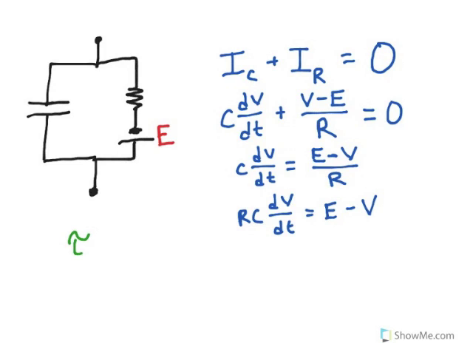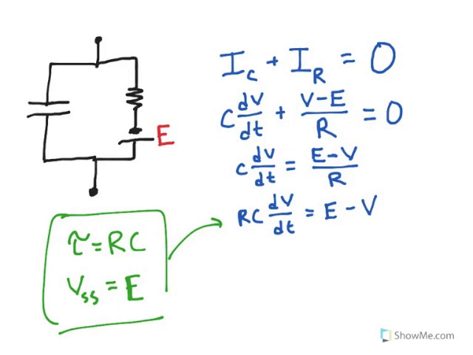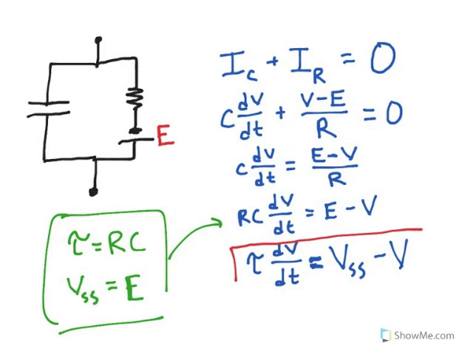We will say tau equals RC, and we will say V_SS equals E. If we make these two substitutions into this equation, then we get tau dV/dt equals V steady state minus V. And this equation is exactly what we talked about in the videos before we started talking about the membrane equation.